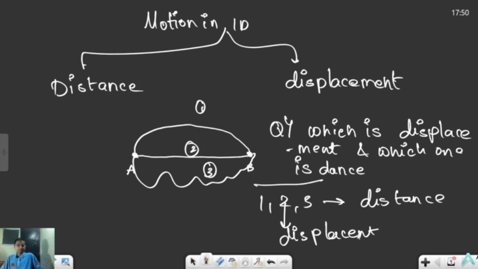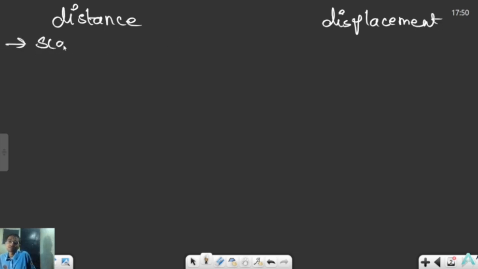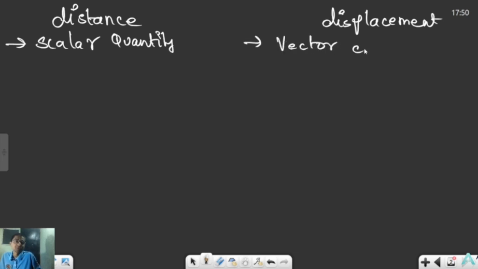Now we'll understand the difference between these two. Let us have distance here and displacement here. Distance is a scalar quantity, which means it only has magnitude and no direction. But displacement is a vector quantity. Now if we compare their units, both are in meters.